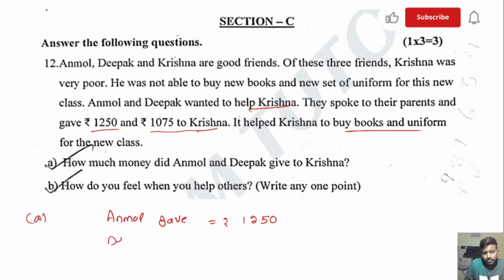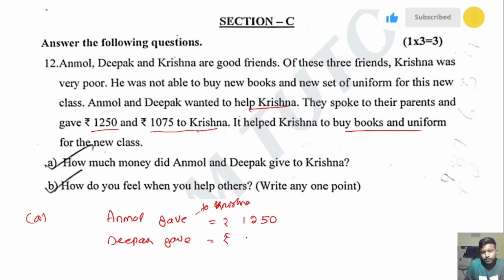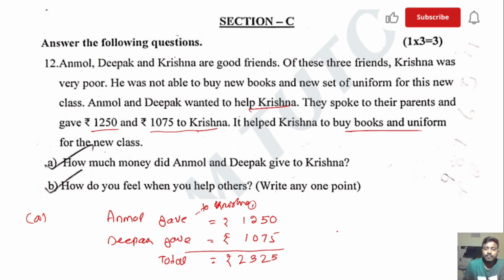Then Deepak gave to Krishna equal to rupees 1,075. Now total, now 5 and 2 is 7, that is 2,325. Okay, next question B.